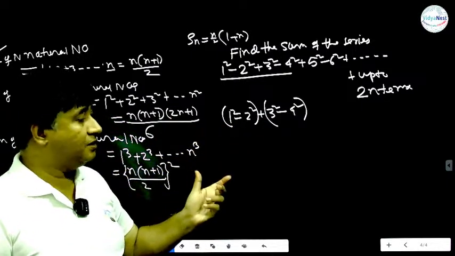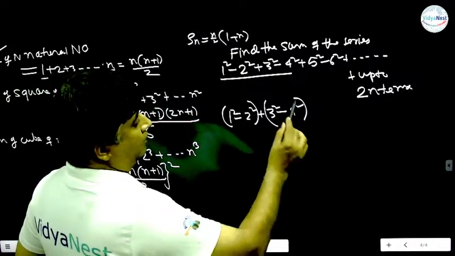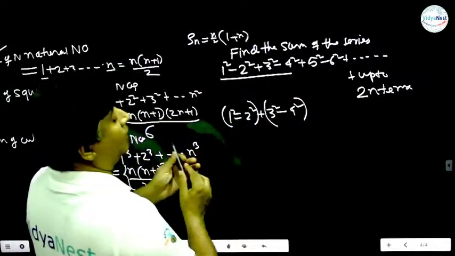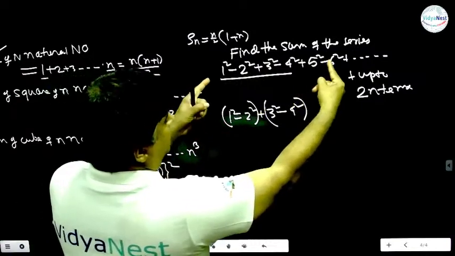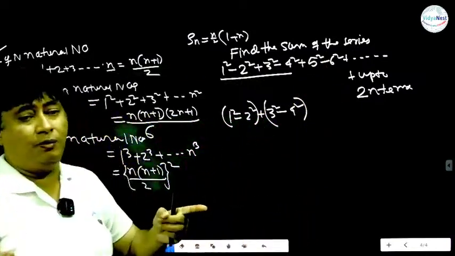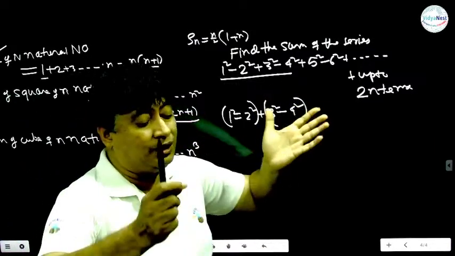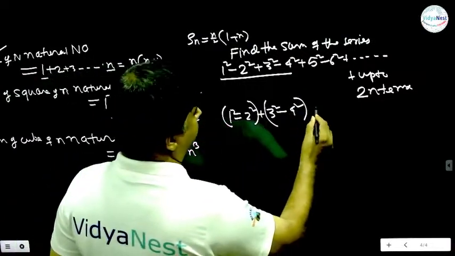Two terms. Yes, good. So there are 2n number of terms. First four terms, if grouped in pair, 4 will become 2, 6 will become 3, 10 will become 5, 100 will become 50, 2n will reduce to n.